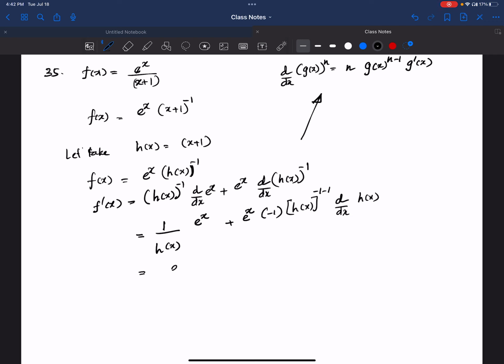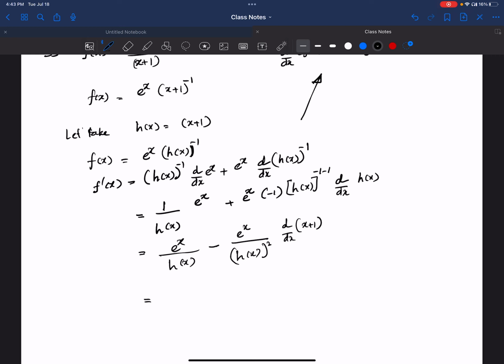And we have e to the power x over h of x minus, because of this minus sign, 1 times e to the power x divided by h of x squared, and d over dx of x plus 1.